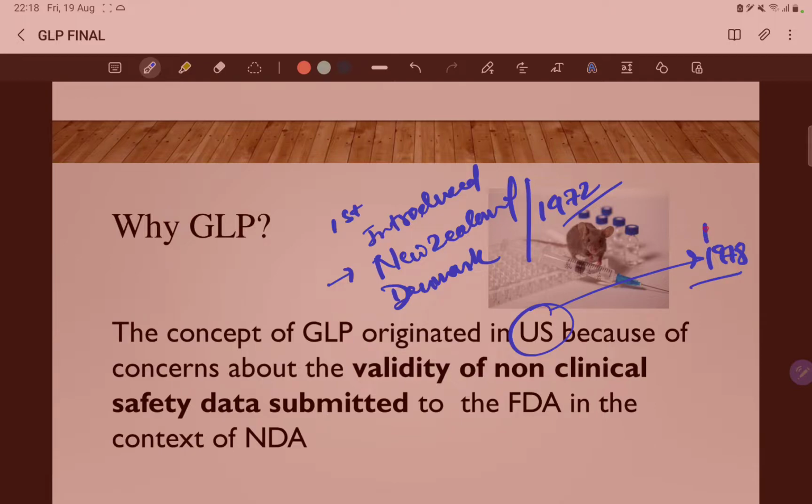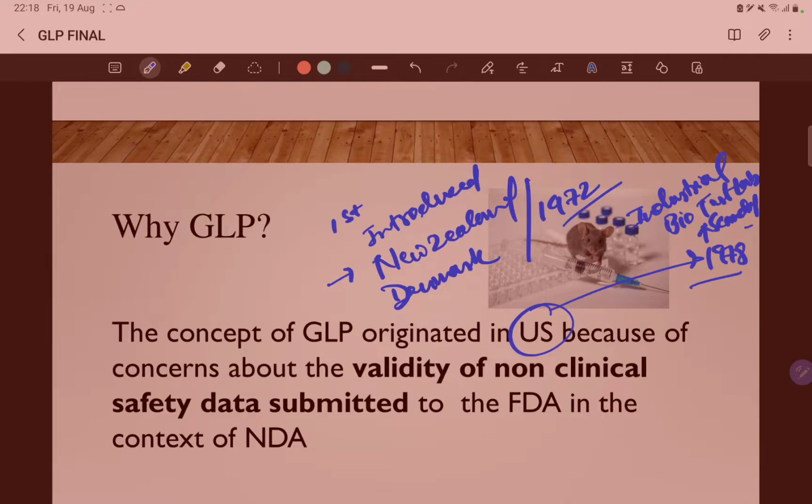Why? Because of the industrial bio test lab scandal. Okay, so now what is the function, like why this GLP and why?